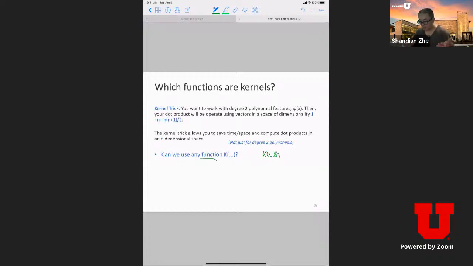A valid kernel function must be equivalent to an inner product after some feature mapping. This is the definition. That does not mean every bivariate function is a valid kernel function. Actually, only a very small subset of functions in the whole space of bivariate functions are valid kernel functions.